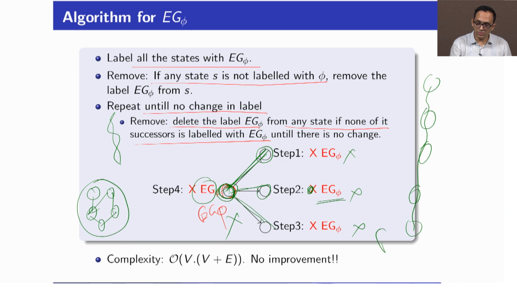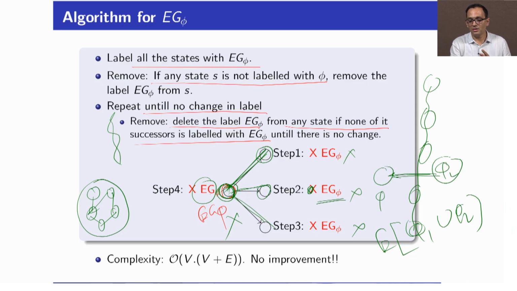For EU, phi 1 until phi 2, I start off with the states where phi 2 holds, and then try to see a predecessor where phi 1 holds, and so on. But there I start from phi 2, whereas here I am trying to identify the states where EG phi is not marked. So, that is why I cannot do this backward BFS directly.